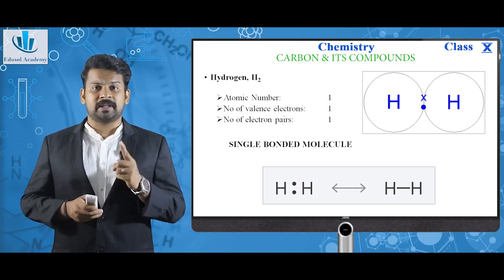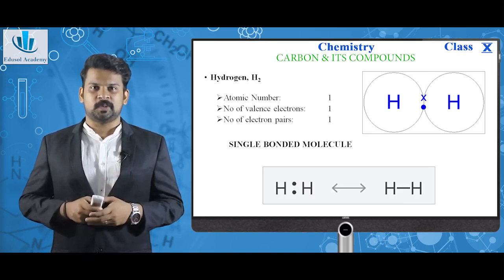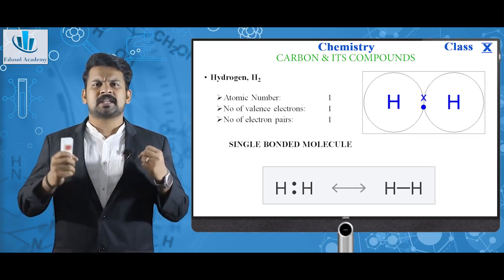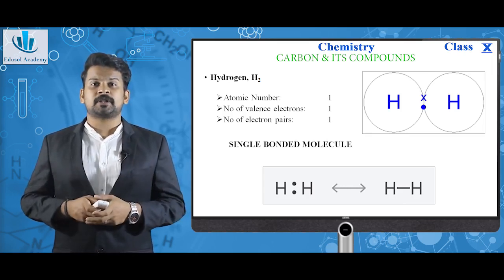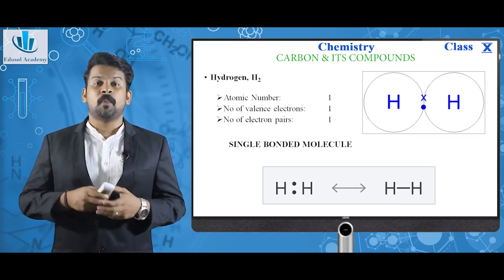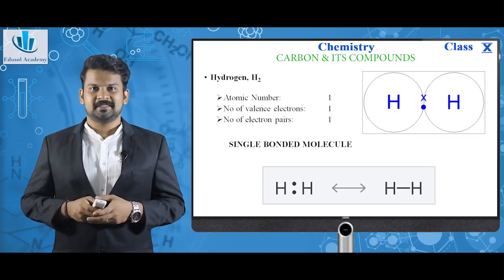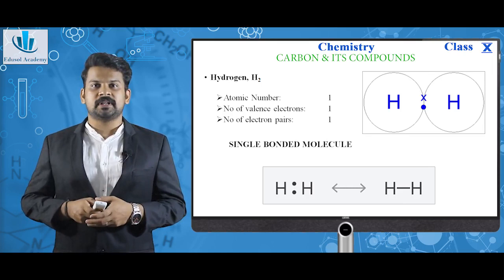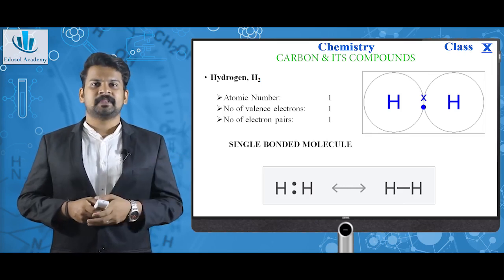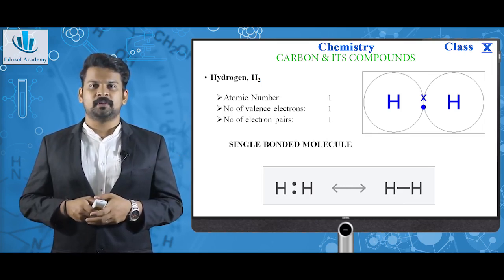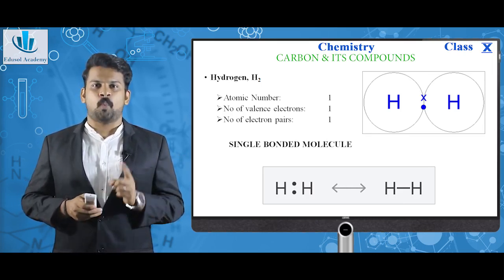Hydrogen already has 1 electron, it needs 1 more. So 2 hydrogen atoms come closer and 1 pair of electrons is shared. Now both hydrogen atoms have 2 electrons surrounding them. In such a way, covalent bonding occurs in hydrogen, so an H2 molecule is formed. As you can see here, it is a single bonded molecule. Number of electron pairs is 1.